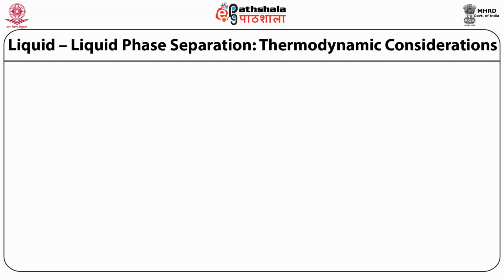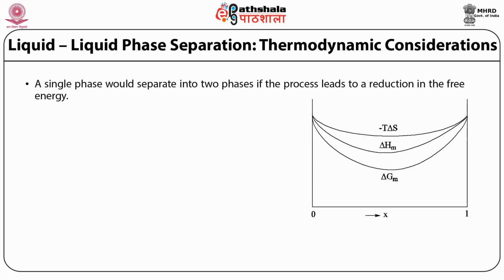Now let us discuss the thermodynamic considerations in liquid phase separation. A single phase would separate into two phases if the process leads to a reduction in the free energy.